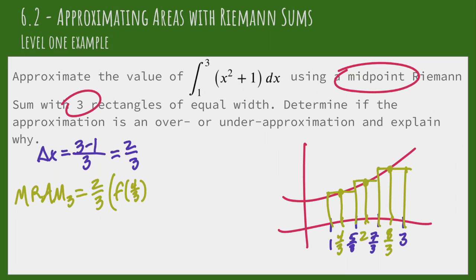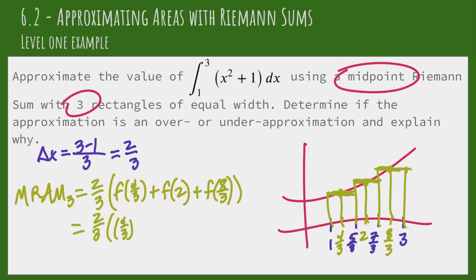So we plug the 4/3 into the function to get the height here. Then we're going to plug the 2 into the function to get the height here. And then plug the 8/3 into the function to get the height here. So just doing a little evaluation here.